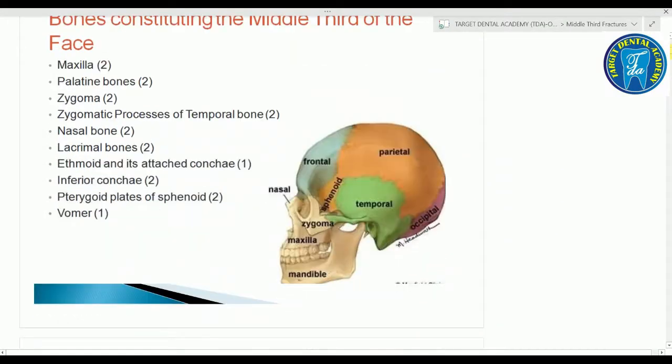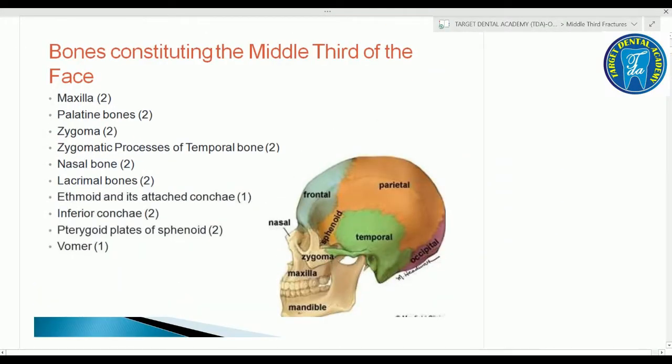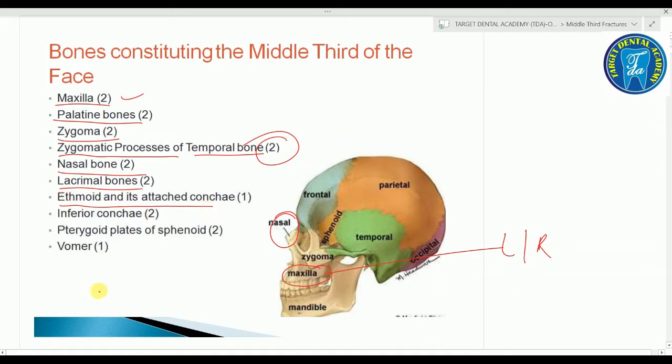So what are all the bones which constitute the middle third of the face? In this we have the maxilla, the left and the right, the palatine bones, the zygoma, the zygomatic process of the temporal bone which is paired, the nasal bone, lacrimal bone, ethmoid and its attachment, the inferior concave pterygoid plates of the sphenoid, this is the sphenoid bone, and the vomer, somewhere around here.